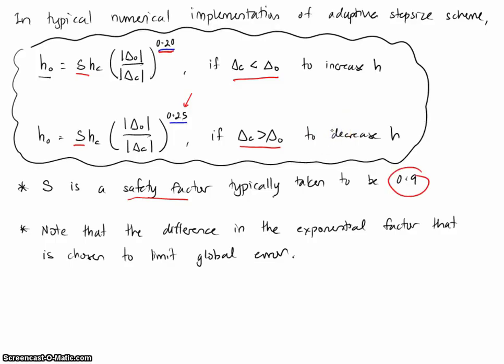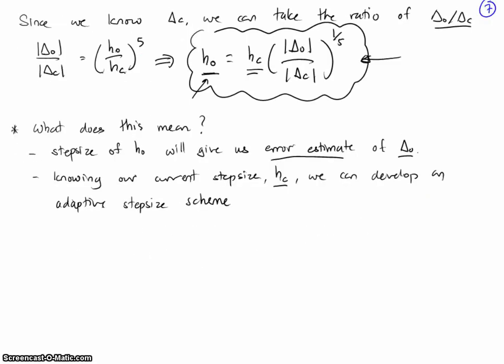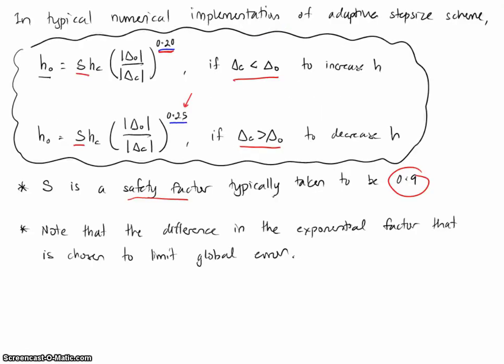So we want the H0 that we choose to be slightly smaller, just in case we get cases where the error is near the threshold that we set according to this equation. So having a safety factor of 0.9 would force the H0 to be smaller than the exact threshold that we have. This will also help to improve the accuracy and the efficiency of your adaptive RK4.